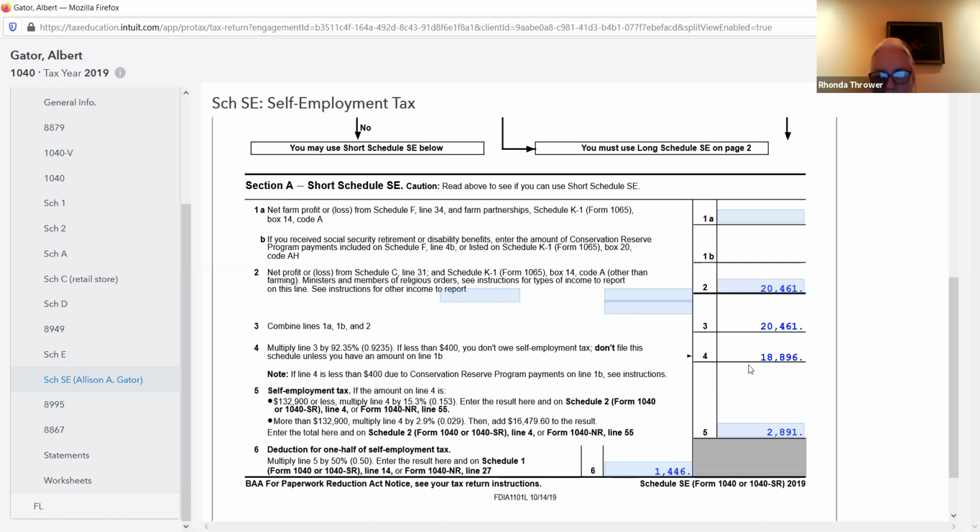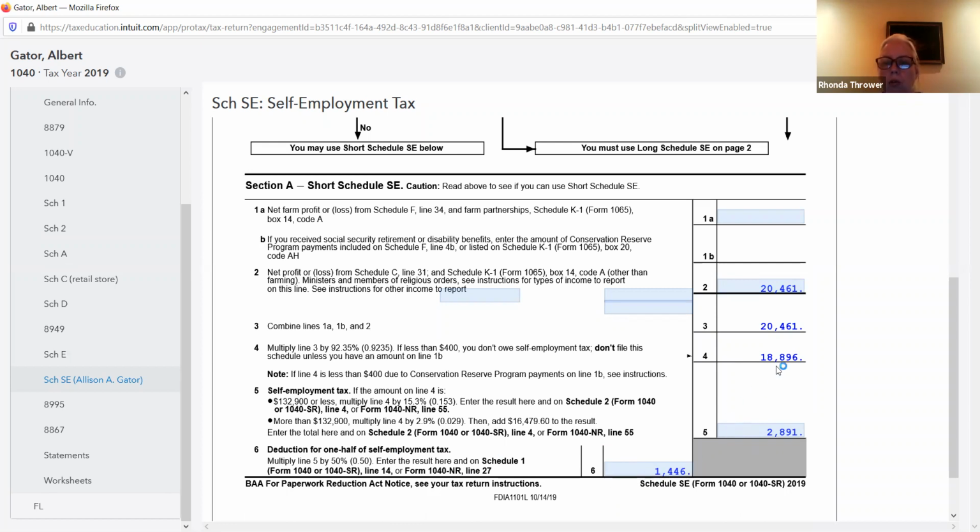If we multiply that by 15.153, that'll give you 2891, and that's how they get this. 2891 for line 5. And then you go on to line 6, and half of line 5 is 1446, and that 1446 goes on Schedule 1. That's where that came from.